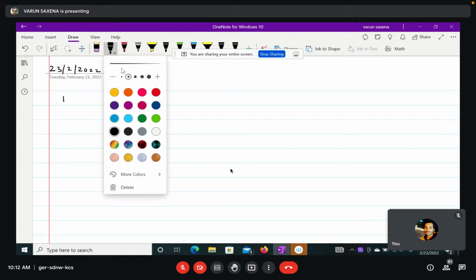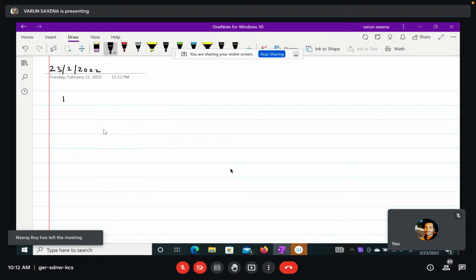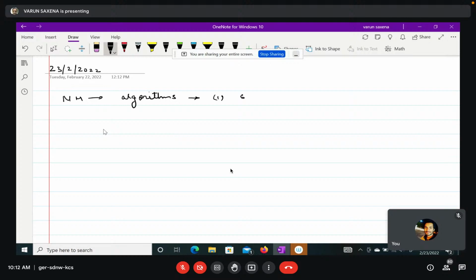So talking about numerical methods, we are going to be discussing algorithms that solve various problems, and these algorithms are number one, stepwise, number two, repeated, and number three, iterative.